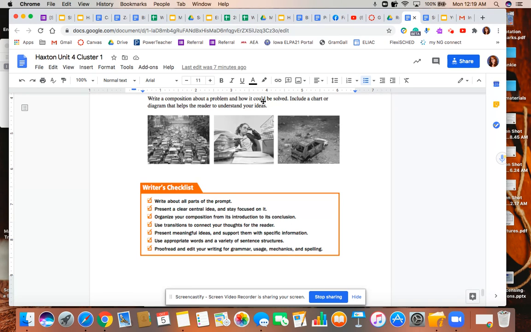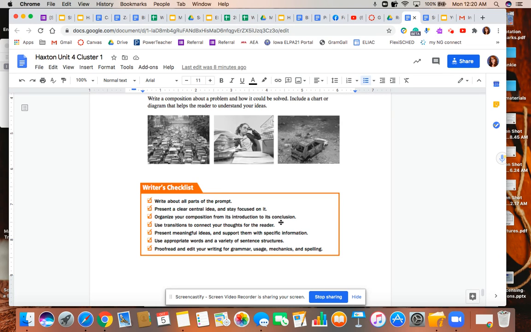So you need to really make sure that you're talking about all the different parts of these problems and that you're looking at the problem from many different perspectives, not just the easy, simple perspective. The next thing you need to do is to present a clear central idea. So right away in your topic sentence, present your main idea, present that big solution and stay focused on it. Your whole paragraph should stay focused on that solution and how to make that solution possible.